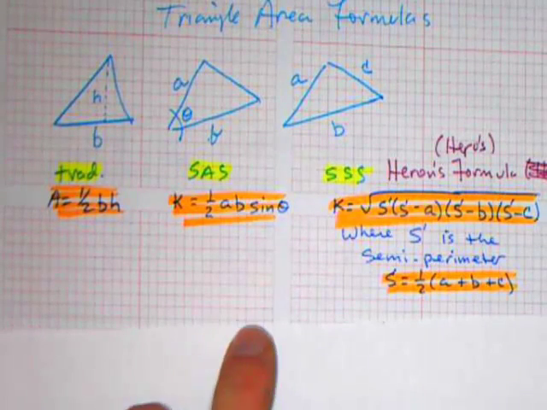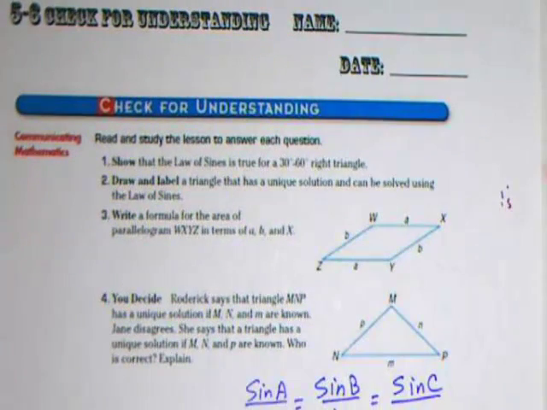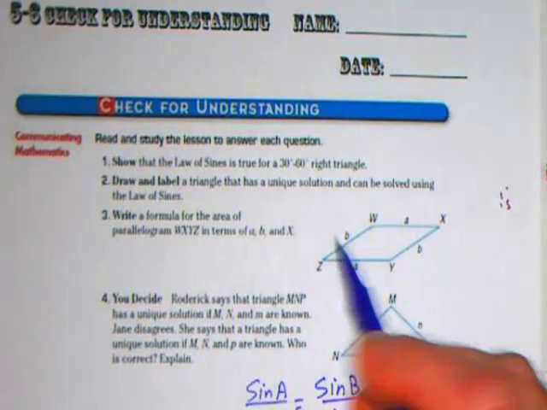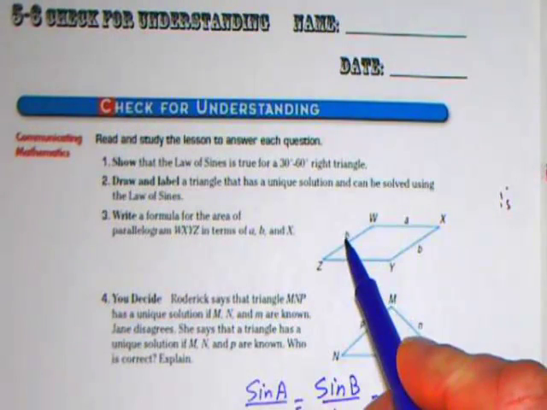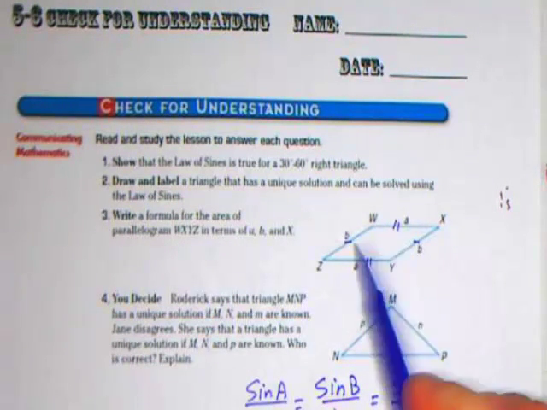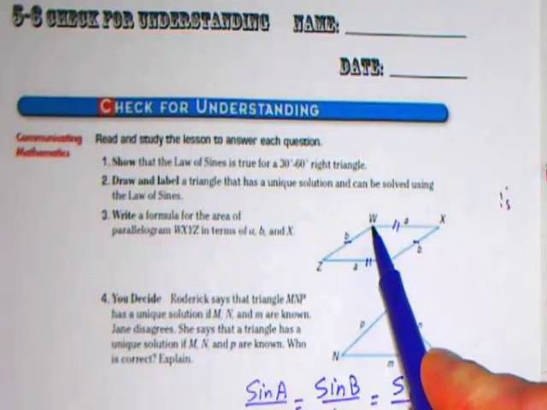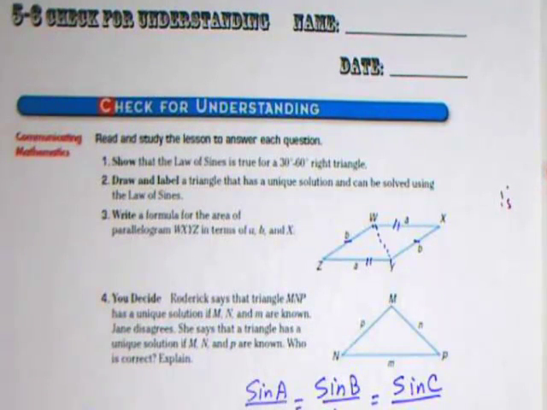For this problem that goes with number 3, notice that since this is a parallelogram, these opposite sides are congruent to each other, and therefore opposite angles are congruent, we can actually imagine that this parallelogram is cut in half.